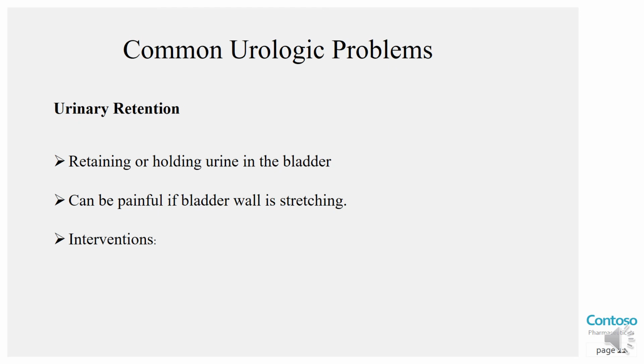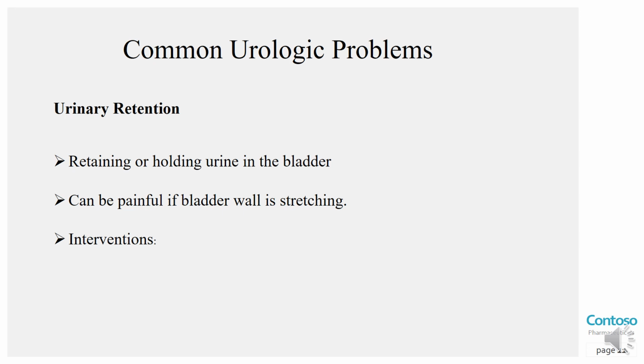Urinary retention, or when the patient is unable to empty the bladder fully, can be caused by different things such as prostate enlargement that we see in the aging male. We can use different interventions to help patients empty their bladder fully.